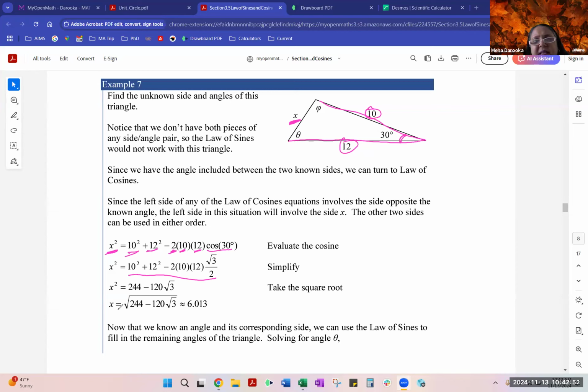It can be positive, because the negative is built into the formula. When you do 2 times side A, side B times cosine of angle gamma, technically that value is going to be positive, but you do end up subtracting it because that's how the formula works out.